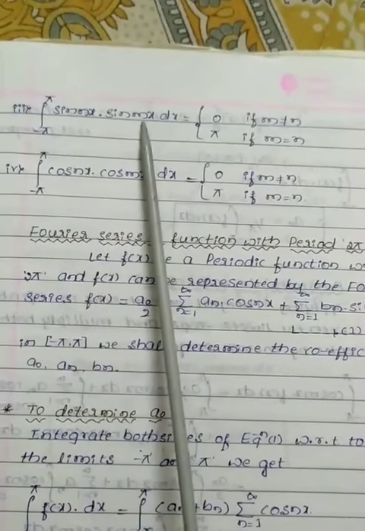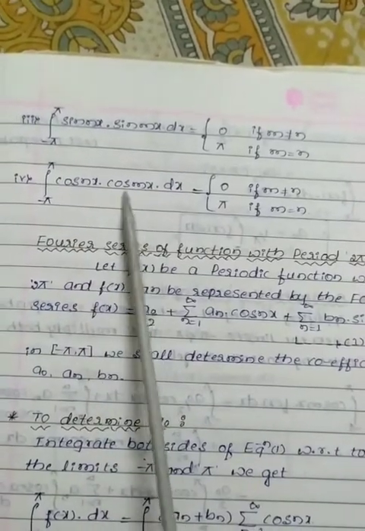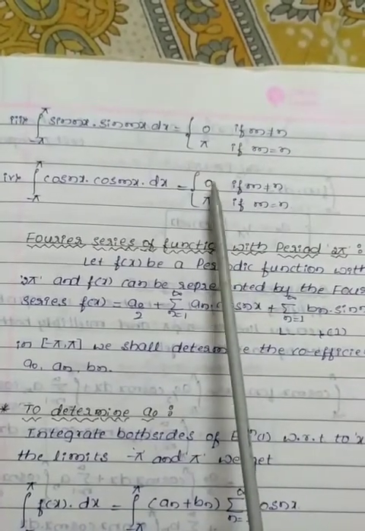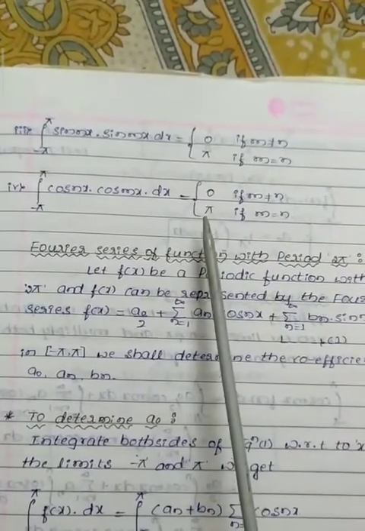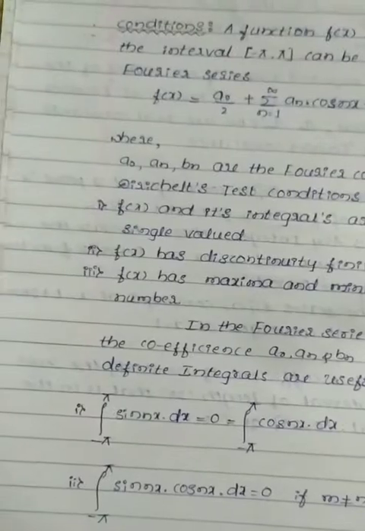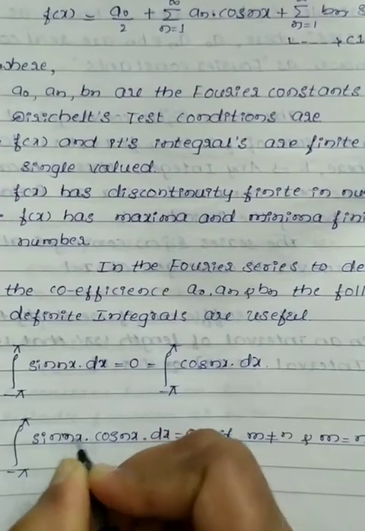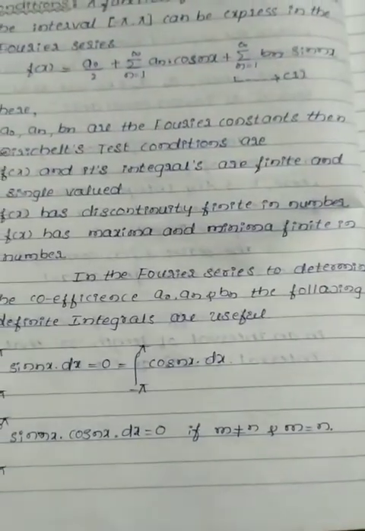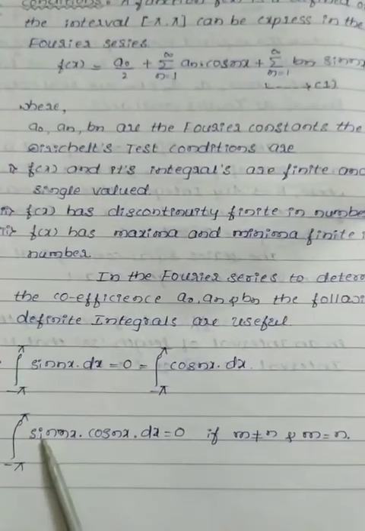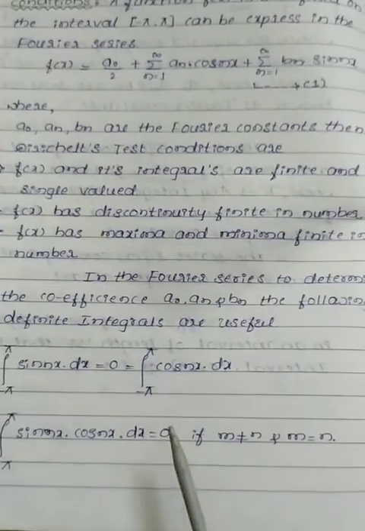If both angles are the same, we get pi. In the same way, integration from minus pi to pi of cos nx cos mx dx is 0 if both angles are not equal. If both angles are equal, then it is pi. Take sin mx cos nx dx: one is sin and the other is cos, and whether the angles are equal or not equal, the value must be 0.